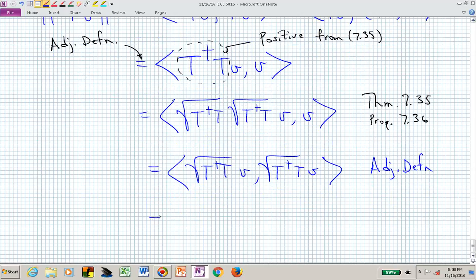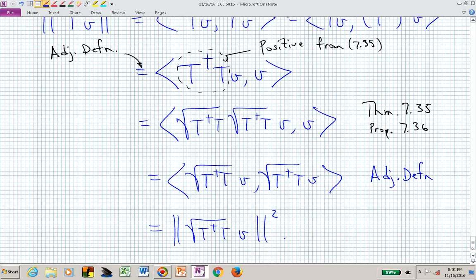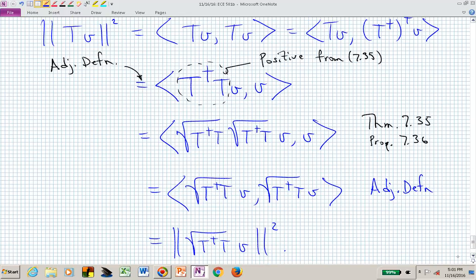And that's screaming at us, isn't it? That's telling us that that's just the norm of the square root of T dagger T applied to V, squared. Or if I could fit that all on one screen, I now have the left piece that I started with, TV, norm squared, equal to the square root of T dagger T V, norm squared.